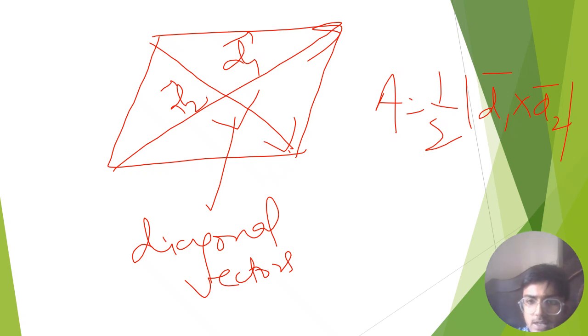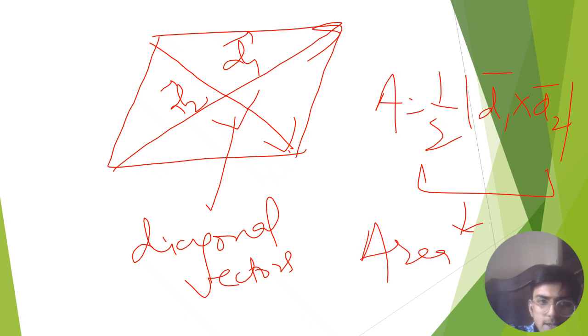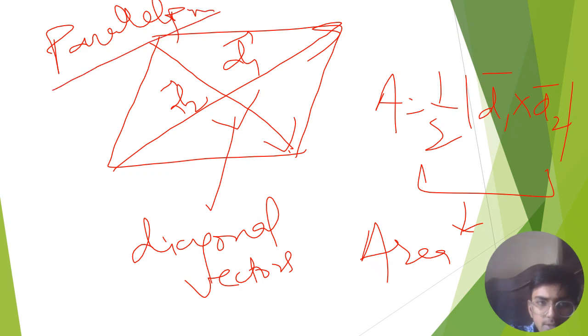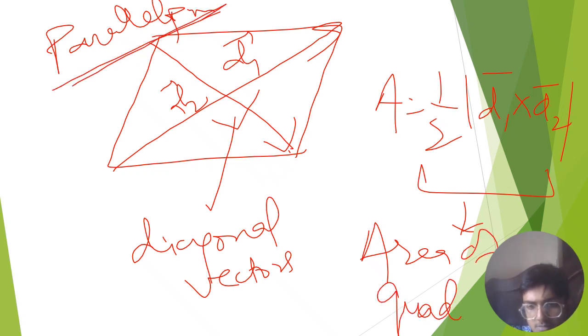Now for diagonals, it is half of mod of d1 cross d2. Clear? This formula can also be used in finding the area of a quadrilateral, where d1 and d2 are the diagonal vectors.